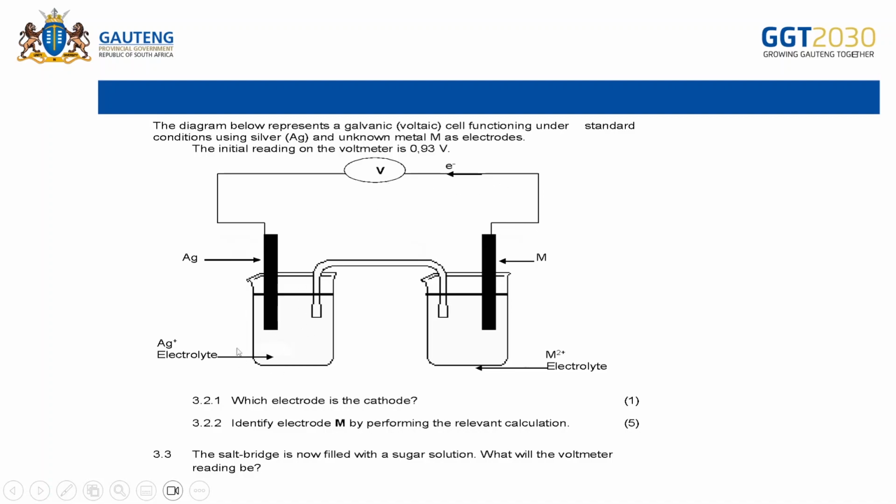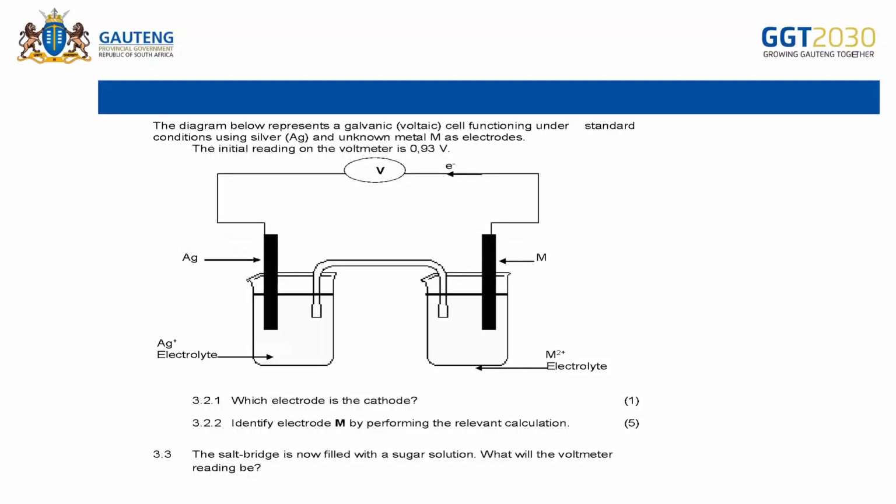As you can see, the electron flow is coming from the M moving to the silver. Whenever we are asking you which electrode, you follow the electron transfer. So the solution is silver. That's where the cathode is.